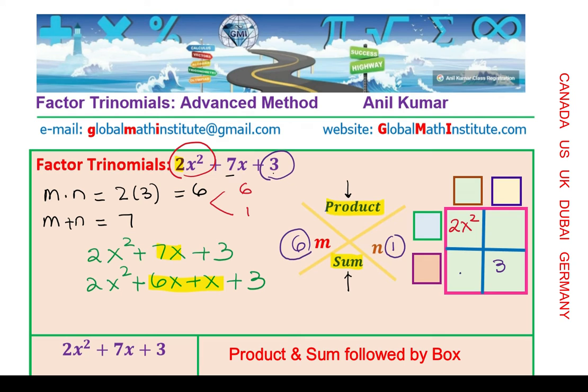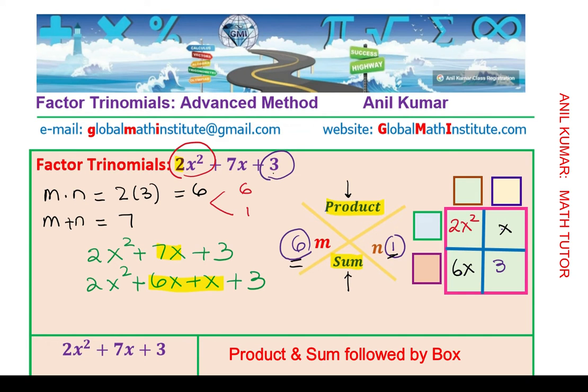Now, these two boxes, which you see here, we have to fill in m and n, right? M and n, which is 6 and 1. So that is what you get when you split 7x, right? So 6x and x. So that is your 7x. That is how you get your trinomial.